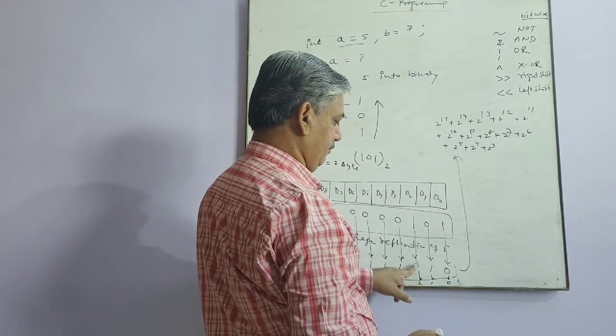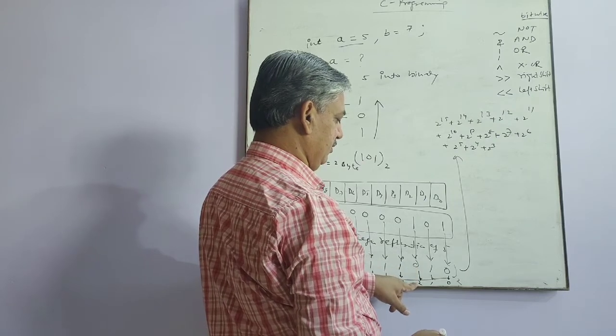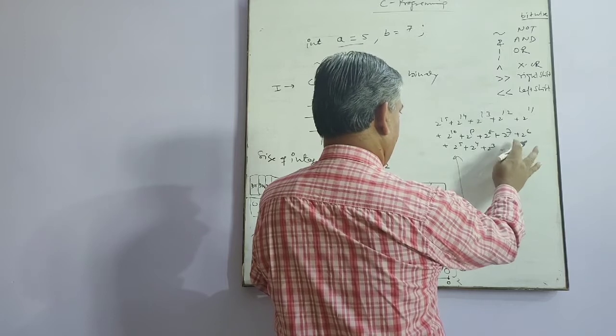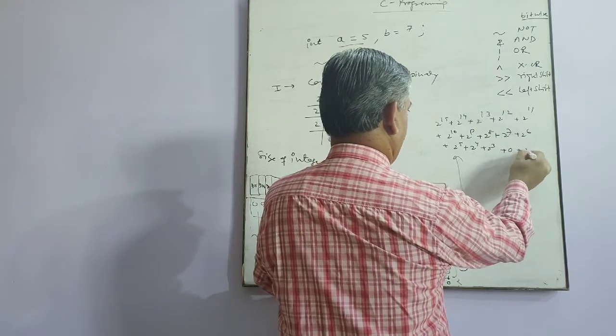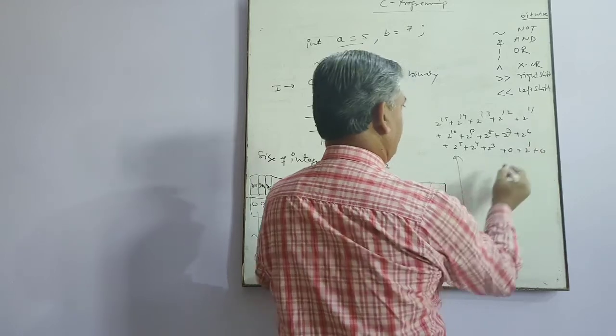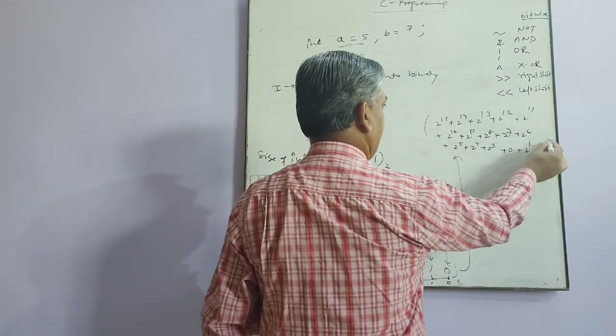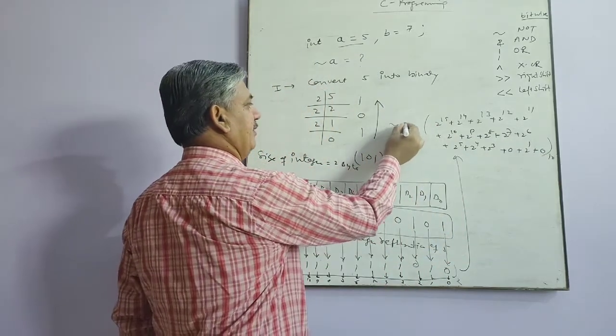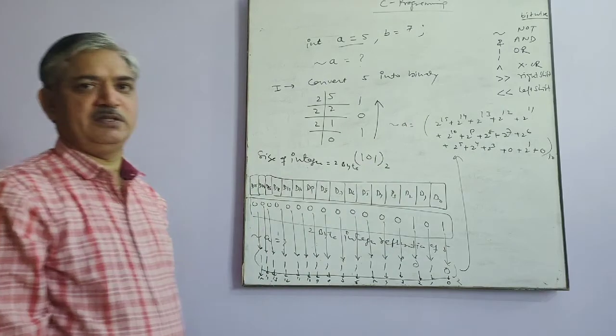So 0 multiplied by this is 0, then 2 to the power 1, again this is 0. So this is the decimal equivalent of complement of A. Isn't it?